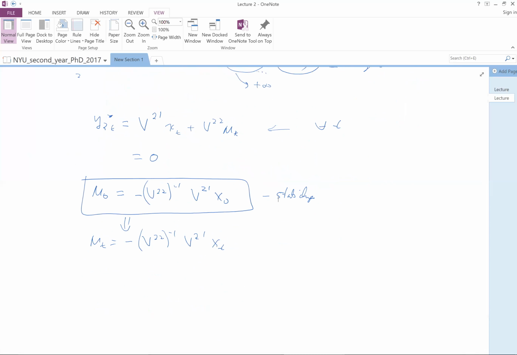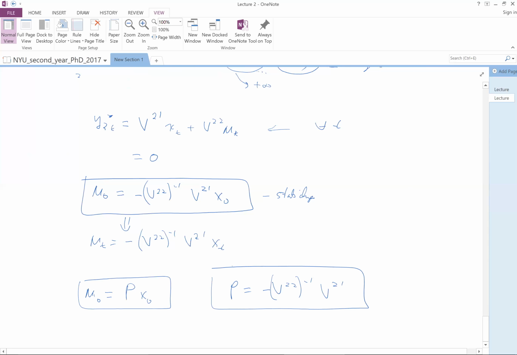And now some magic has occurred, because I told you earlier that it's going to turn out that mu 0 is P x0. So it's going to turn out that P is equal to minus V22 inverse V21.